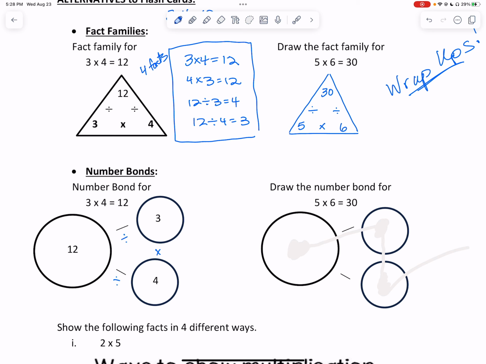But it essentially breaks that 12 into 2 factors, 3 and 4. So 5 times 6 equals 30. That number bond, you're going to put 30 in the big circle and then the two factors in the small circles. So that's also called a number bond. It's very similar to your fact families.